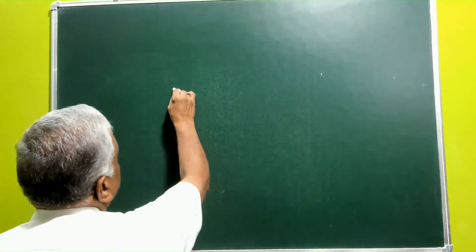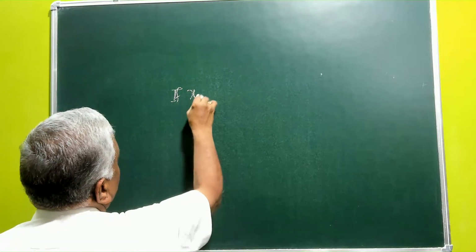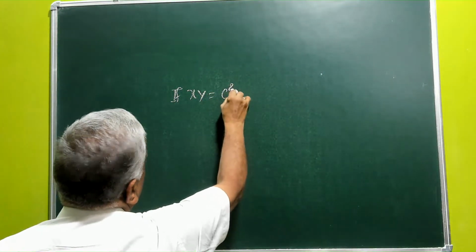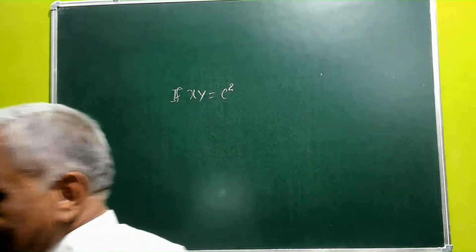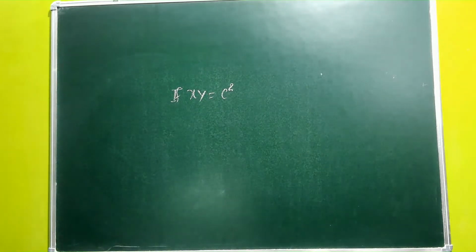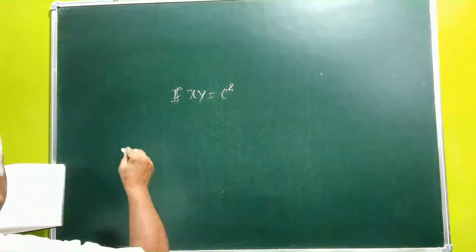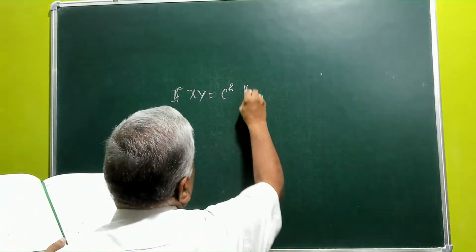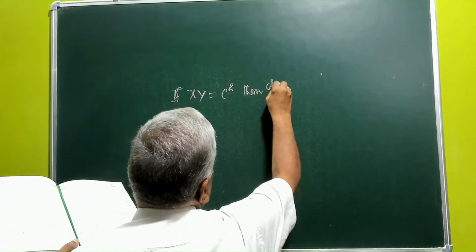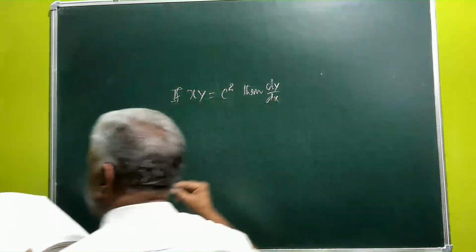The next problem. If xy is equal to c square, then dy by dx equals. I want to write all the 4 answers.